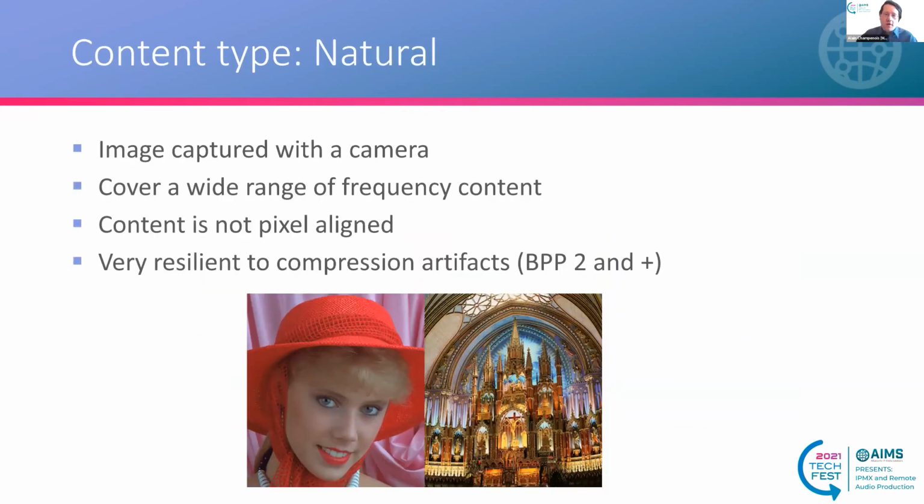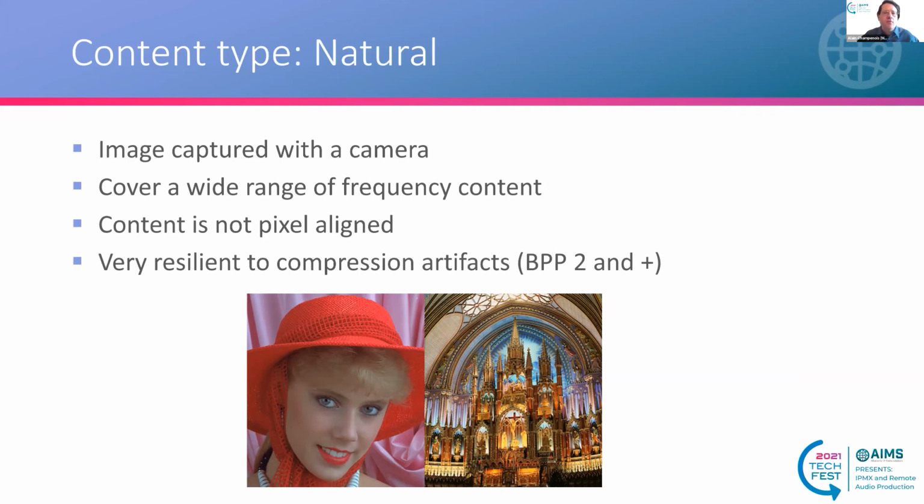Now let's talk about content, since content plays a big role in how compression works. We mentioned before that compression effectiveness and visual quality depend on the content, and we classify the content in three main categories. First, we have natural content, which encompasses everything captured with a camera, converting analog information into digital.